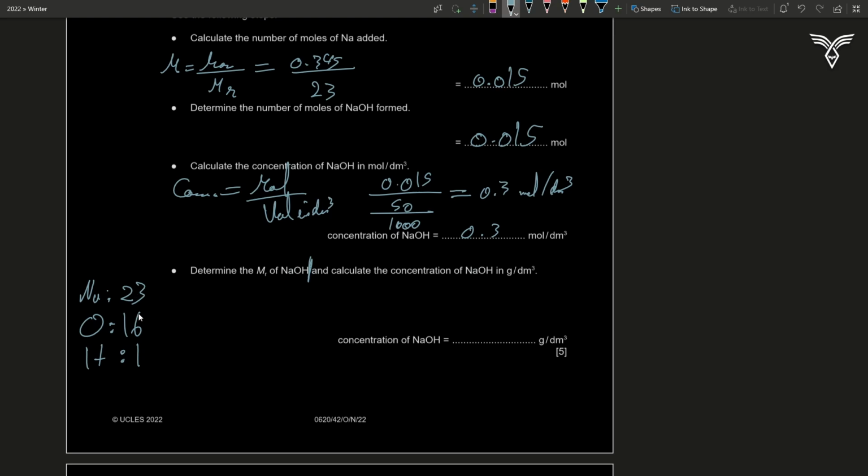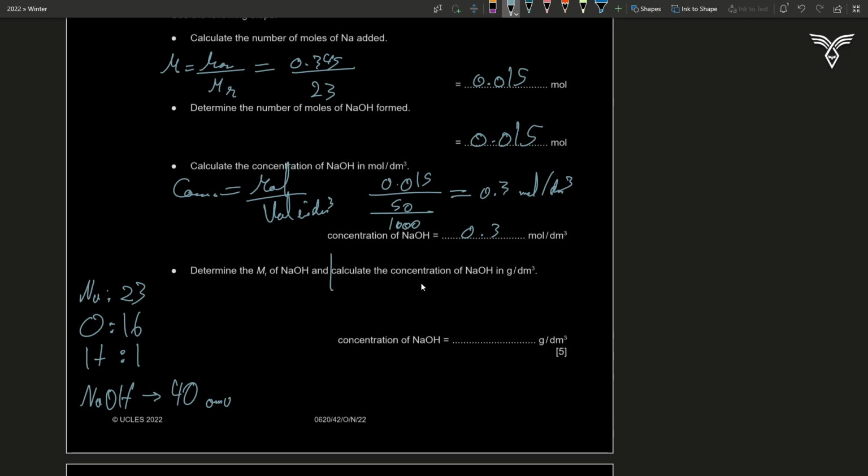So 23 plus 16 plus 1 means NaOH altogether is equal to 40 AMU, or Daltons, or whatever unit you want to use. They're all correct depending on where you started your syllabus and how much you know. This isn't the final answer anyway, so it's fine, it's just 40 AMU, or you don't even have to put a unit, there's no problem.